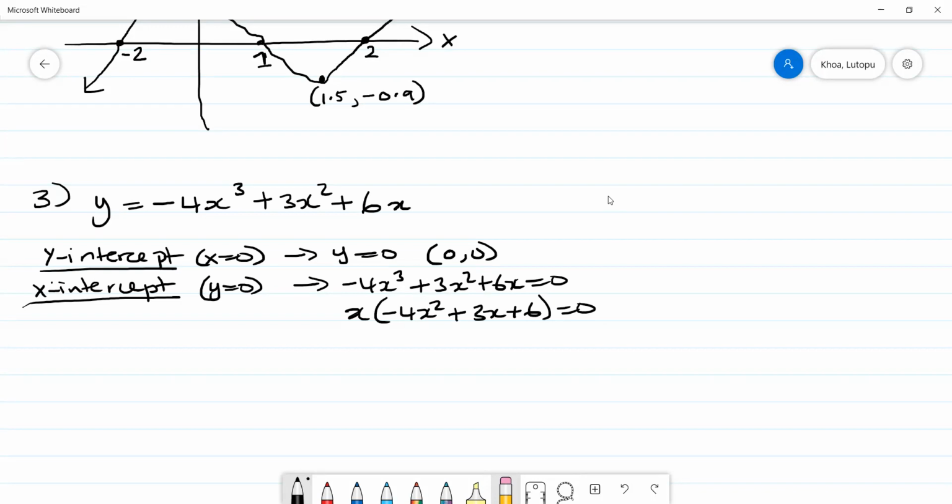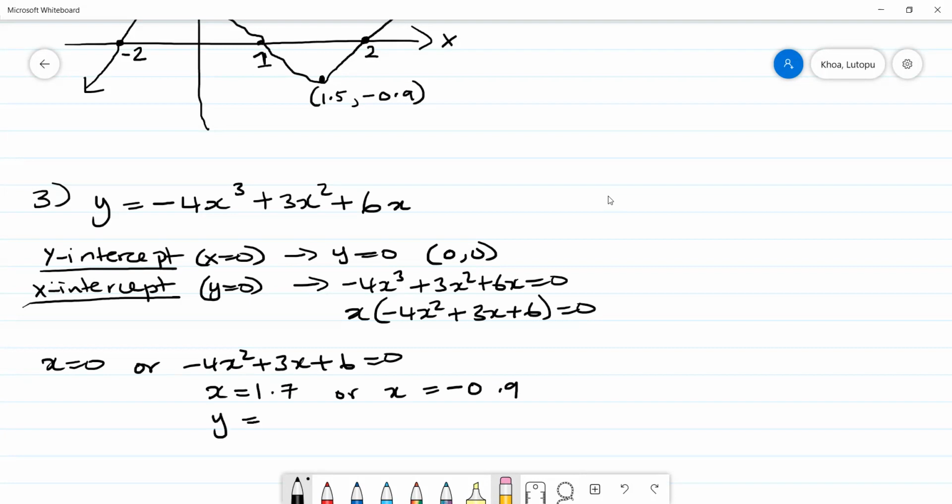Then this means that x is 0 or minus 4x squared plus 3x plus 6 is equal to 0. So this is a quadratic equation, and when we solve it, we get x is approximately 1.7 or x is approximately negative 0.9.